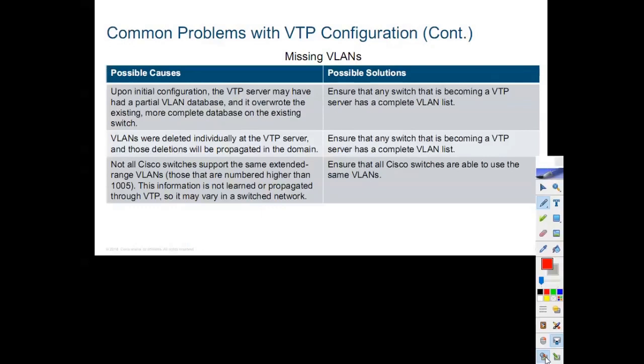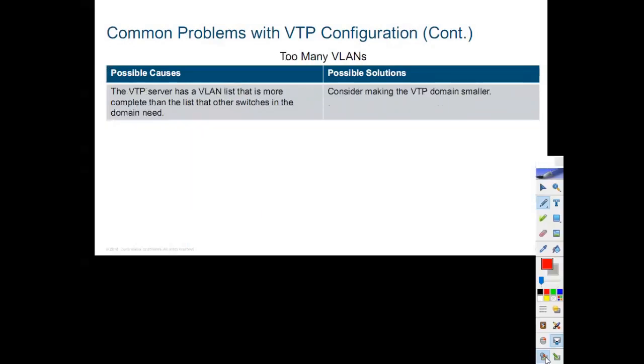Some Cisco switches do not support that high a number of VLANs, so if you're using a lot more than that, you have to be careful that the switches support the extended VLAN range. You can see right here, both are numbers higher than 1,005. Some switches do not even support that many, so you have to be careful. That's all they're telling you here. And make sure all switches are using the same extended VLAN range if you are doing that.